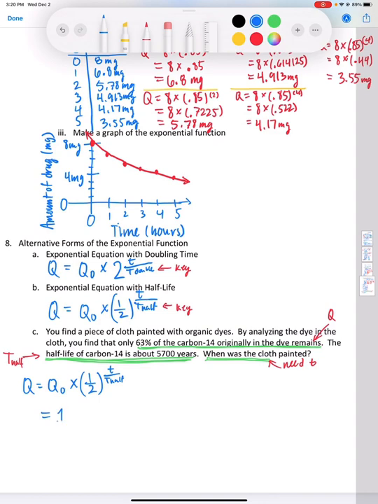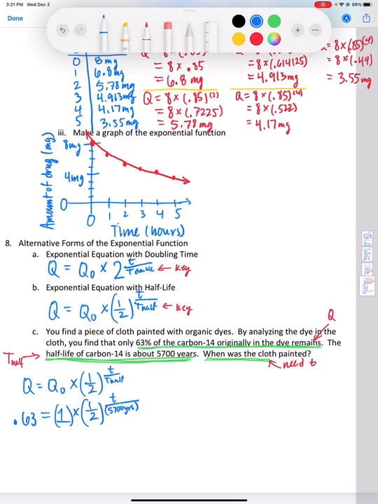Well, that's only 1, the whole thing is in there, and this could be done as a fraction. T we do not know. T half is 5,700 years. And the quantity that we have at present, Q, we said was 0.63. So here's our formula, and we just need to solve for T.